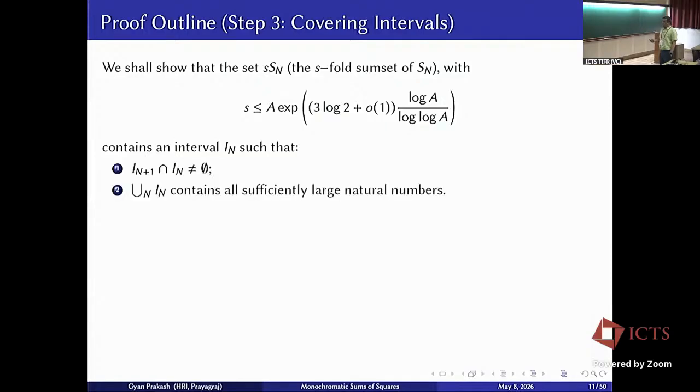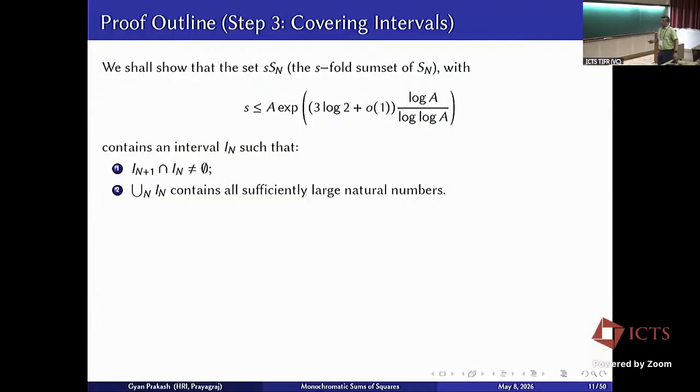such that every integer in this interval can be written as a sum of elements from this Sn. So this S times Sn contains this interval, which means that the elements in this interval In can be written as a sum of monochromatic squares.